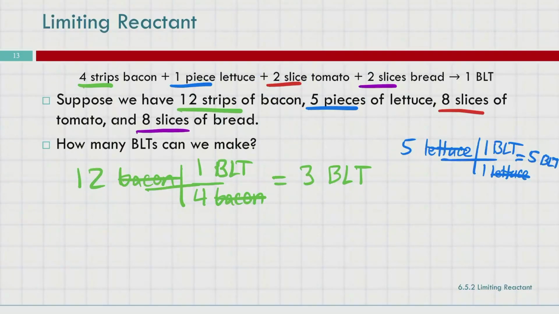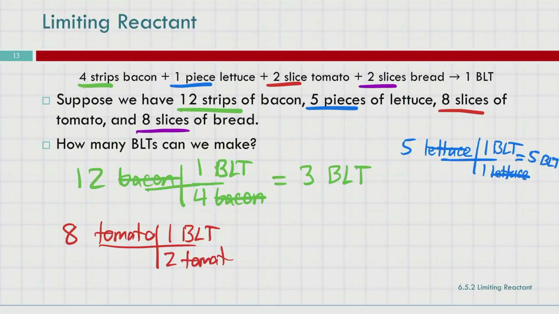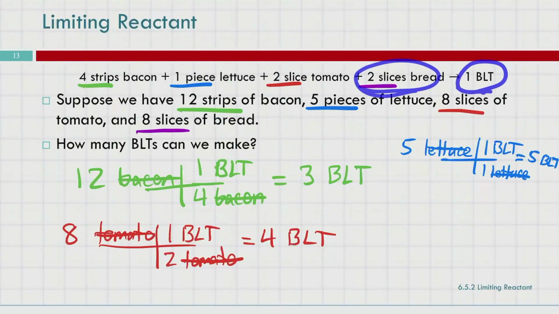We've also got tomato. Let's see how many BLTs we can make with our tomatoes. 8 tomato. Our ratio is 2 tomato in, 1 BLT out. So we would be able to make 4 BLTs, given the amount of tomato that we have. And then our last ingredient is the bread. 2 bread in, 1 BLT out.